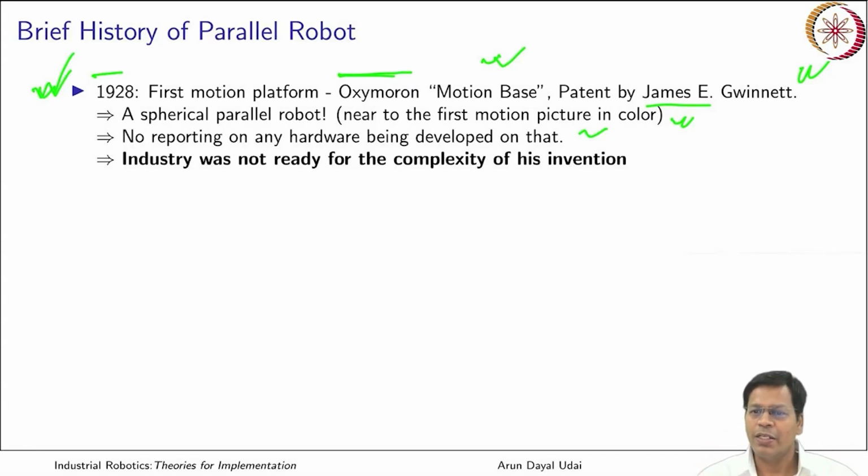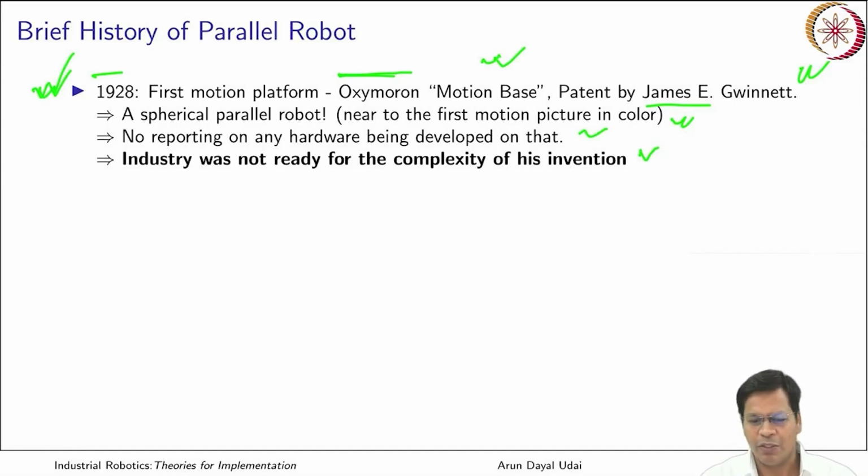Okay, so industry was not ready to handle this complexity mathematically, and the computational power that we had due to the kind of computers that existed in those days was not that good. Okay, so yes, this invention was on hold for quite a long time till we saw computers which can handle this mathematics come in.